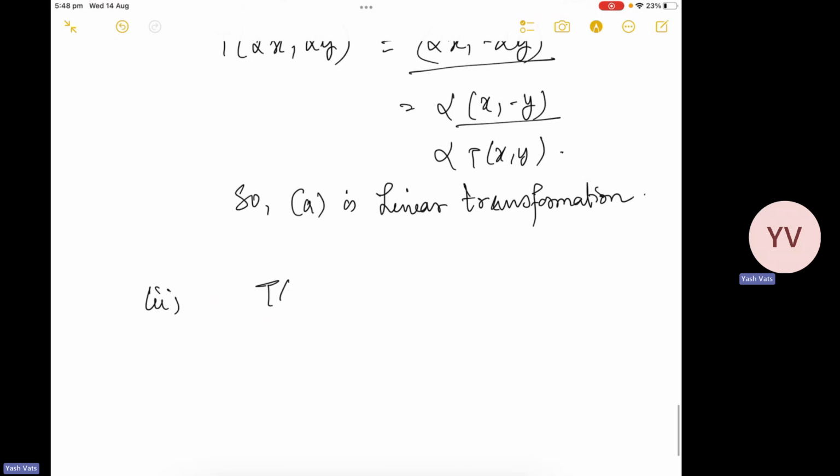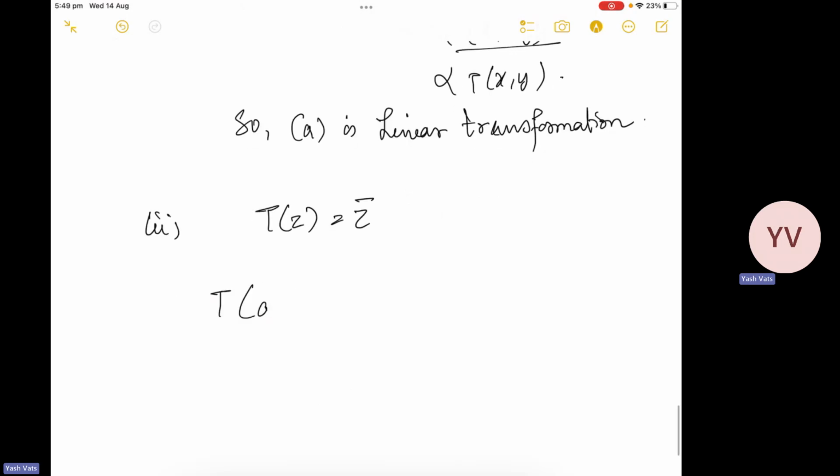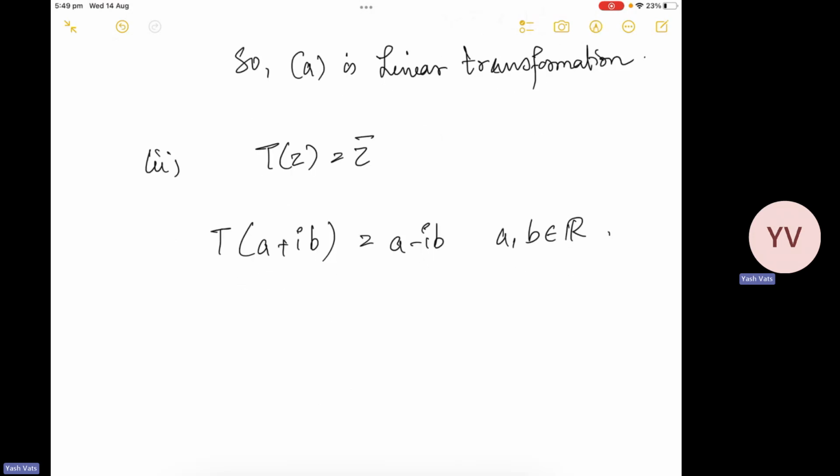So T(z) is z bar. You take any complex number a plus ib, where a and b are in R. T(a plus ib) is the same as a minus ib. Let's check the second property first.